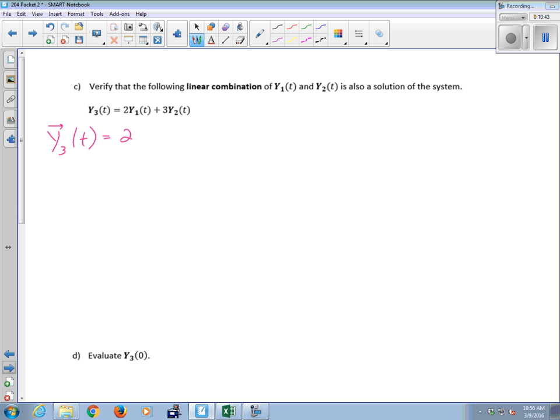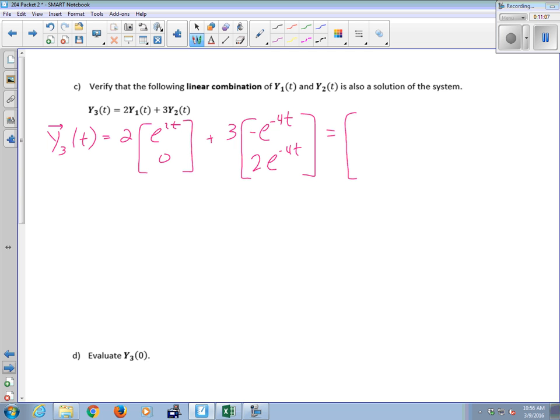Right, it's 2 times y1, and y1 is e to the 2t, 0, plus 3 times y2, which is negative e to the negative 4t, and 2e to the negative 4t. And I'm just going to simplify this.